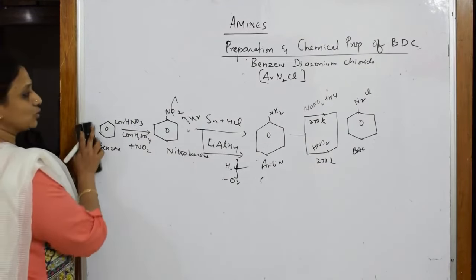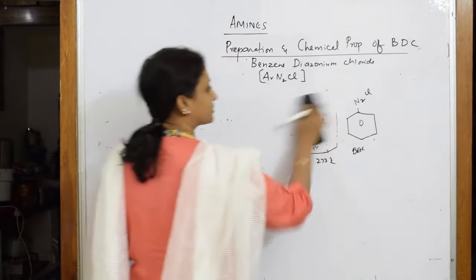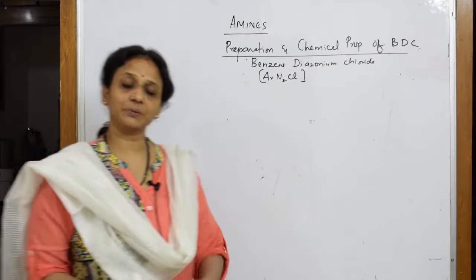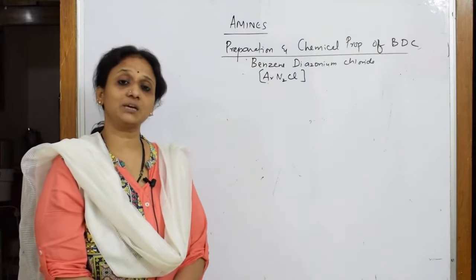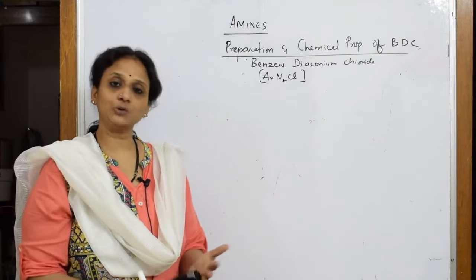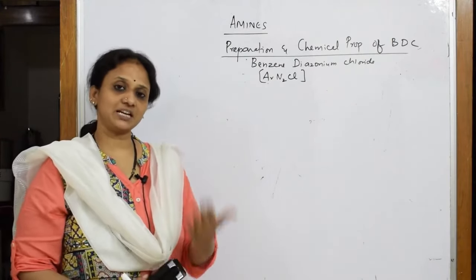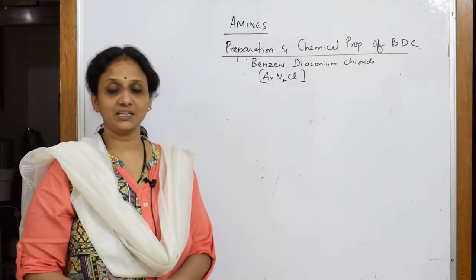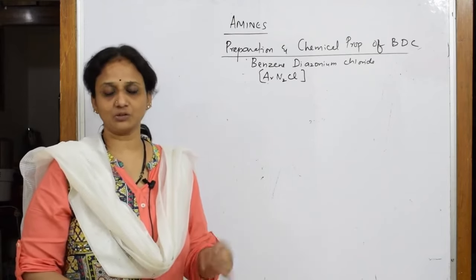Now, I'll erase this whole thing because I need BDC for converting it into different compounds. We've already studied BDC. I tried to prepare with Sandmeyer's reactions and Gattermann reaction. What did I prepare? With Sandmeyer's, I could prepare chlorobenzene, right? With Sandmeyer's reaction, bromobenzene. With Sandmeyer's reaction, cyanobenzene. After that, I also tried to prepare with Gattermann the same thing, chloro and bromo.